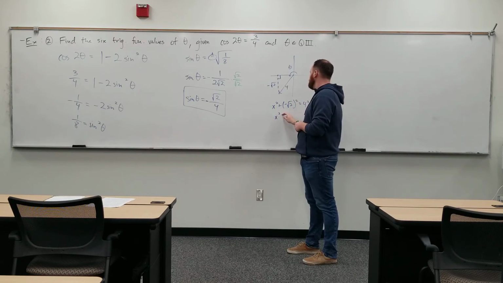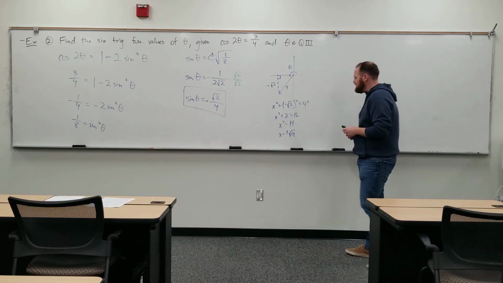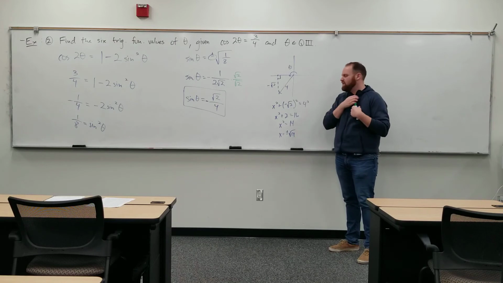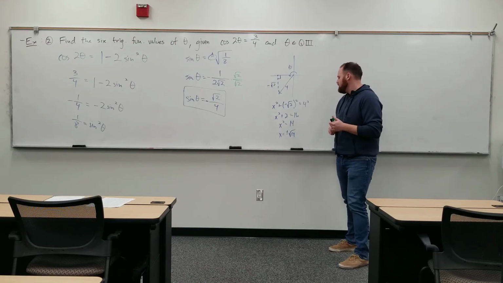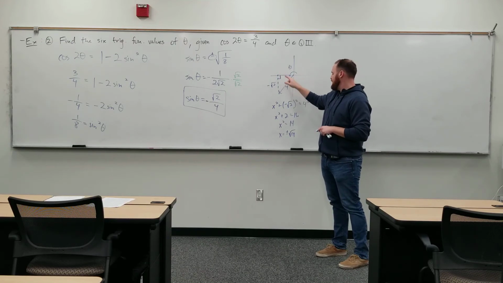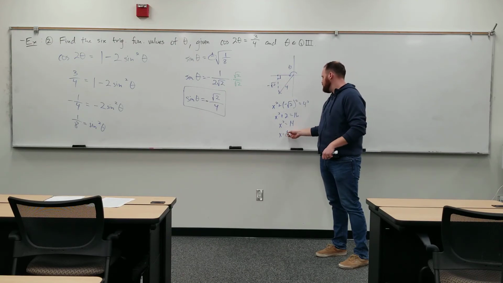So x squared plus 2 equals 16. X squared is 14. So x is plus or minus square root of 14. Is that going to simplify? No. There's no perfect square that goes into 14, so I don't think that simplifies at all. In quadrant 3, x should be negative, so we're going to take the negative square root of 14, right?